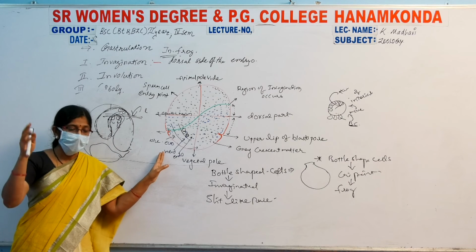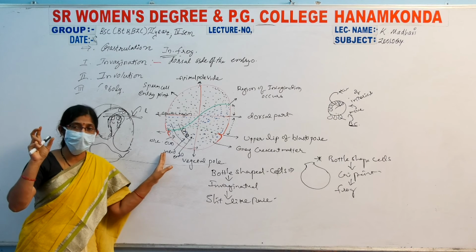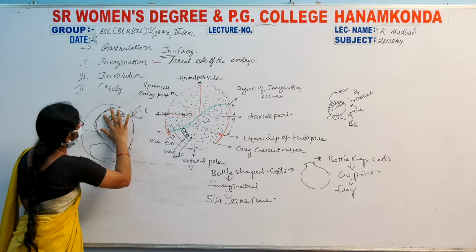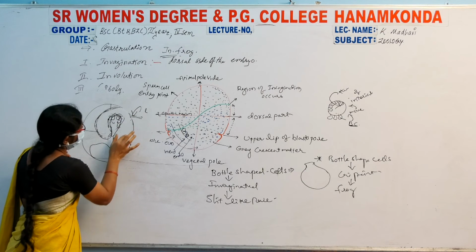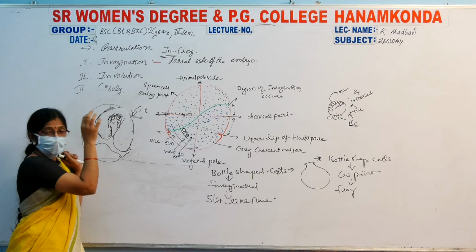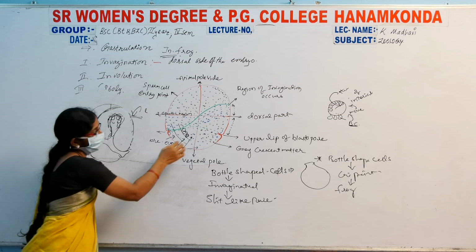And next, the upper margin of the curved folds, the upper marginal curved folds, is known as the dorsal lip of the blastopore.